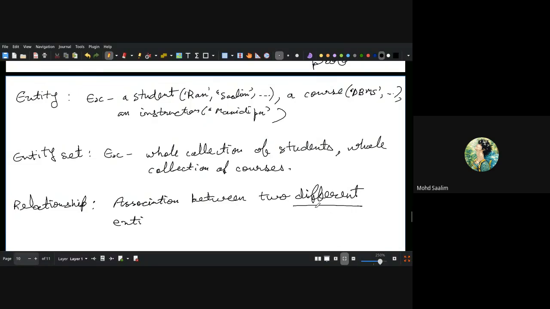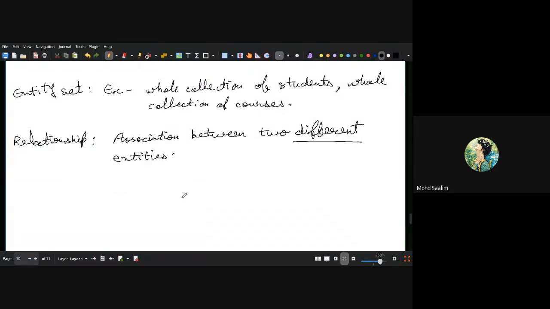In simple words, the first one is a student, but the second one is not a student. The second one can be an instructor or a course. So an association between two different entities is a relationship between them. In simple words, you can generalize it by saying that if a student has taken 4 courses, then this student has a relationship with course.